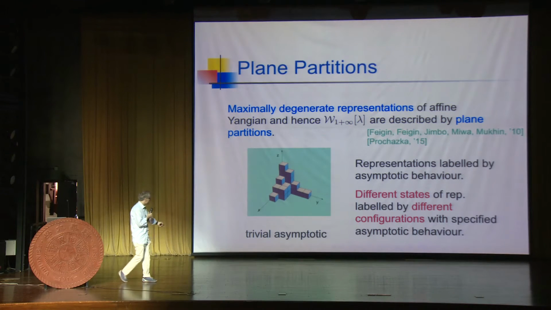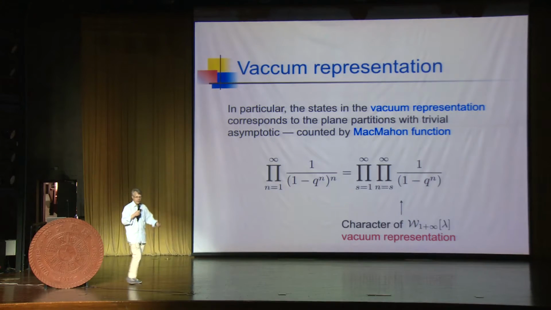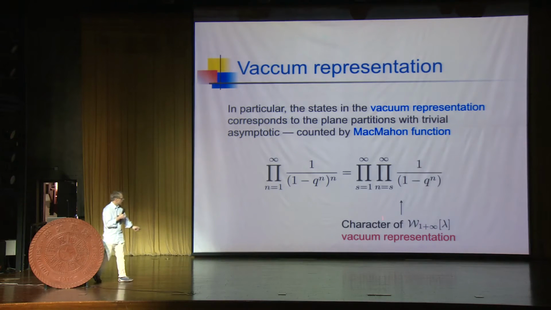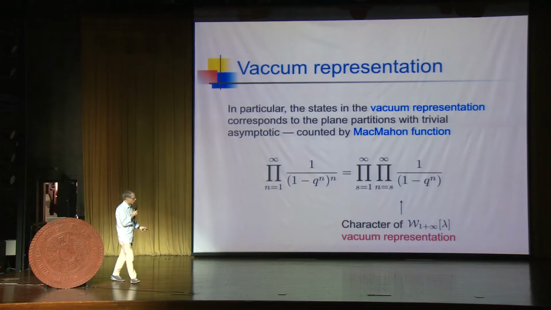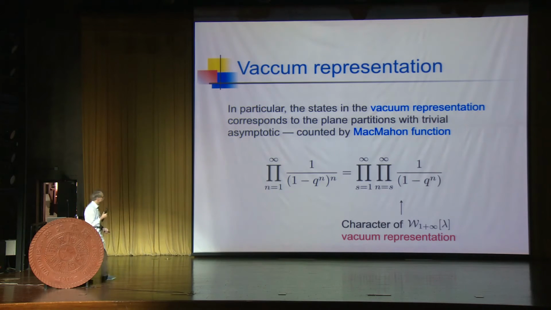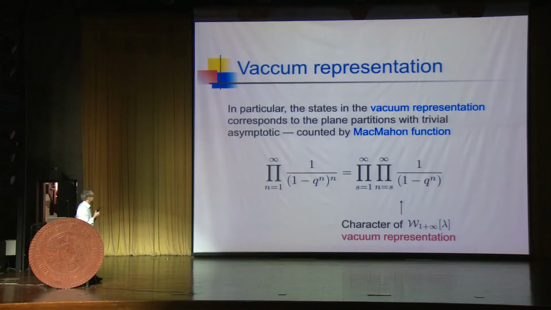So obviously, for the trivial asymptotic, that just gives you the famous MacMahon function. That just describes the usual box stackings in the corner of a room. And as people have known for a long time, that's equal to the vacuum character of the W1 plus infinity algebra. So the trivial asymptotics just gives you the vacuum character of this algebra.